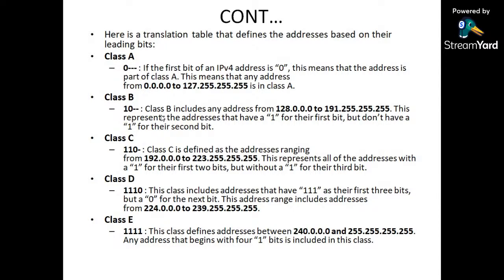These represent the addresses that have a 1 for their first bit but don't have a 1 for the second.